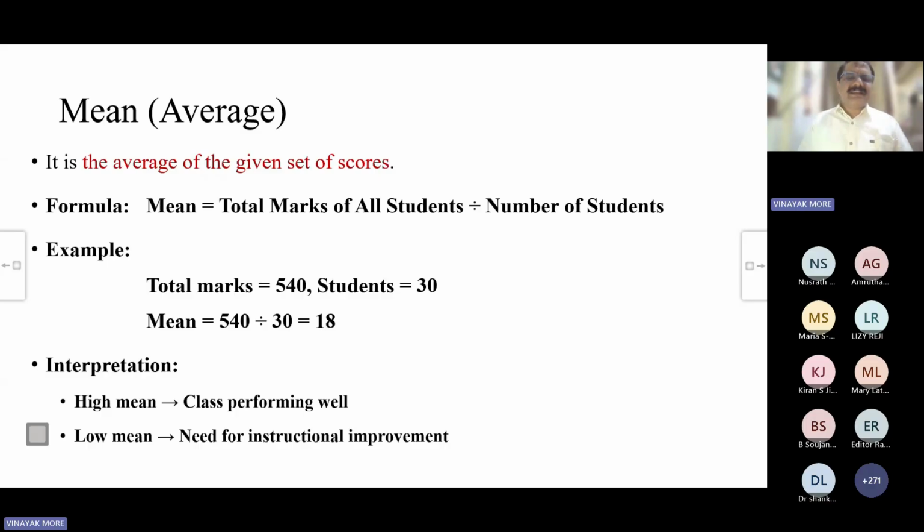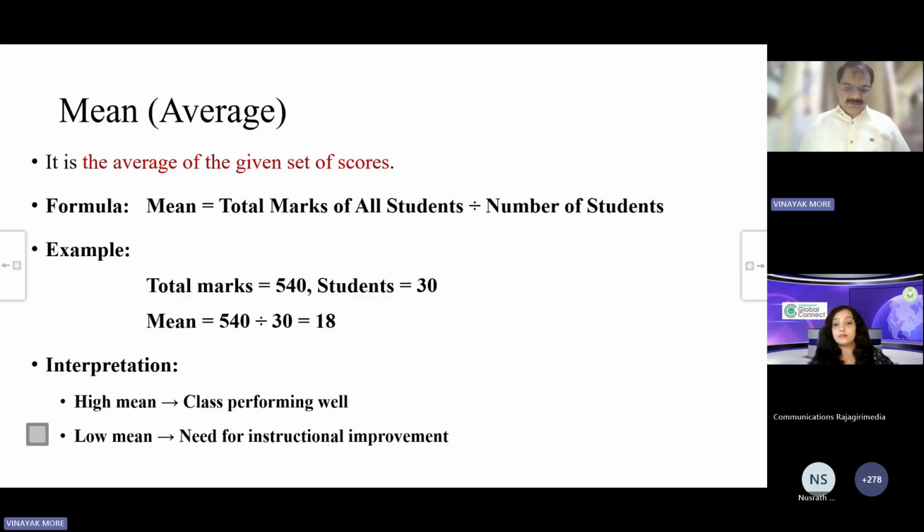So what does this 18 say? This 18 is the mean, meaning it is marks. Suppose that exam is out of, say for example, 20, and the mean you got is 18. That means the class is performing well, or the class performance is high.